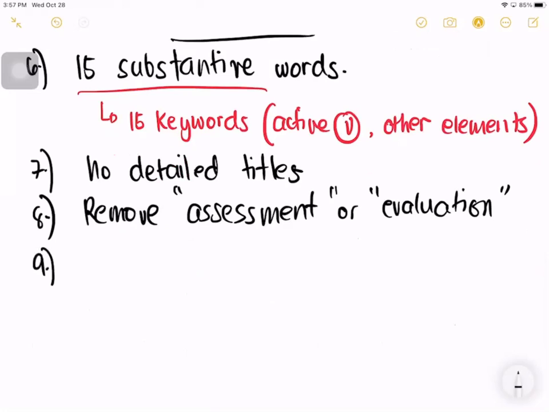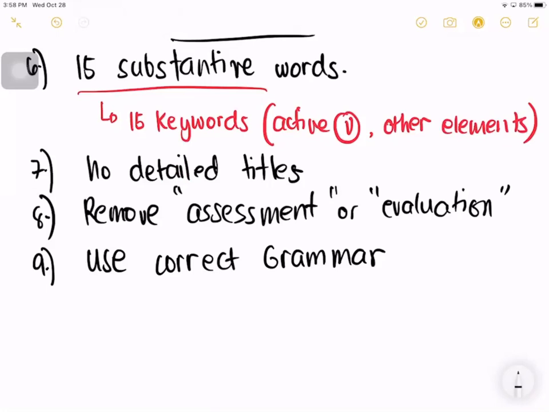Next, number 9. It's also important that we use correct grammar. Okay. I am not an English teacher, but correct grammar would also protect the title from scrutiny or criticisms. So it's best that we double check the construction of our title before the actual publishing.